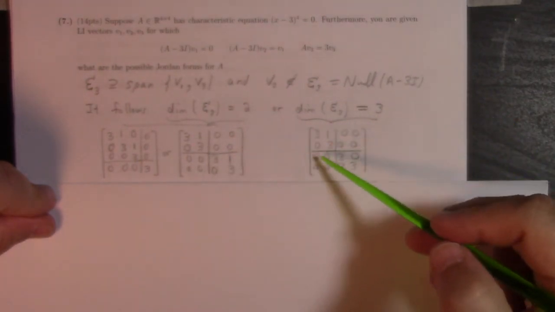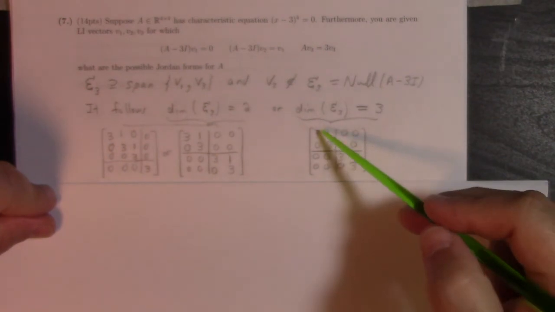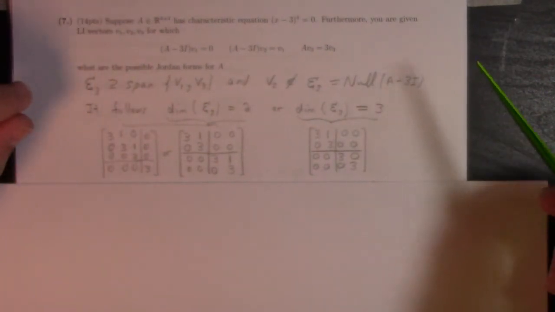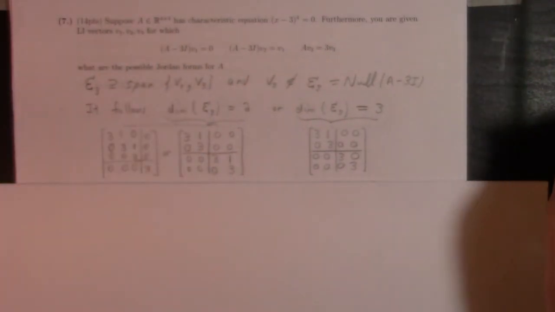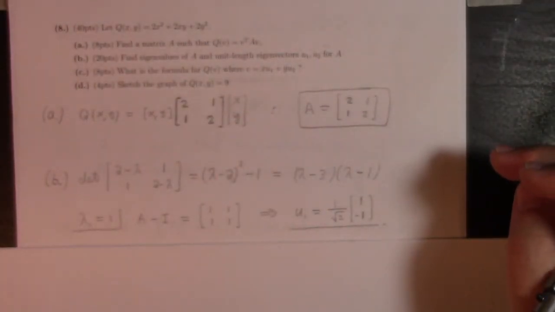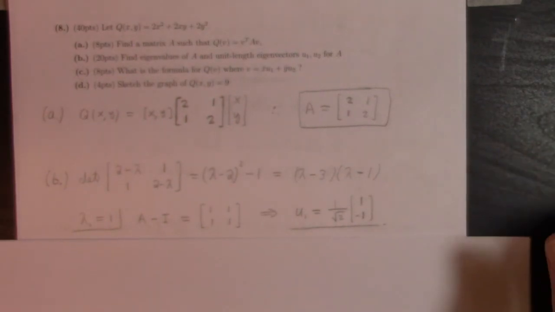Or the other possibility is one 2 chain and then having an eigenspace with dimension 3, as I said. To me this is an easier version of one of the homework questions I asked you. I didn't even ask you about minimal polynomials here, so it was just kind of a part of that homework question that Carson asked about one day.